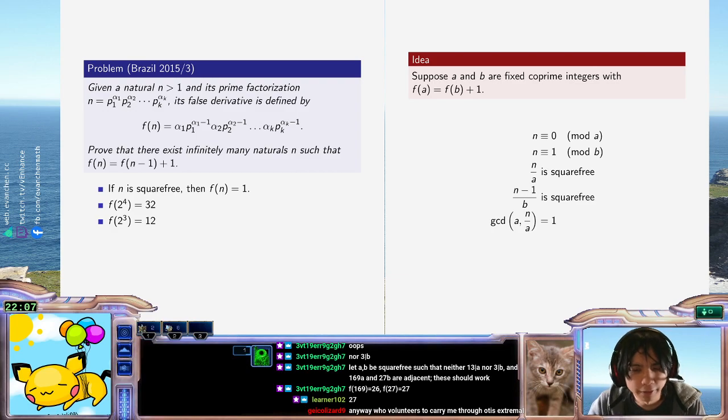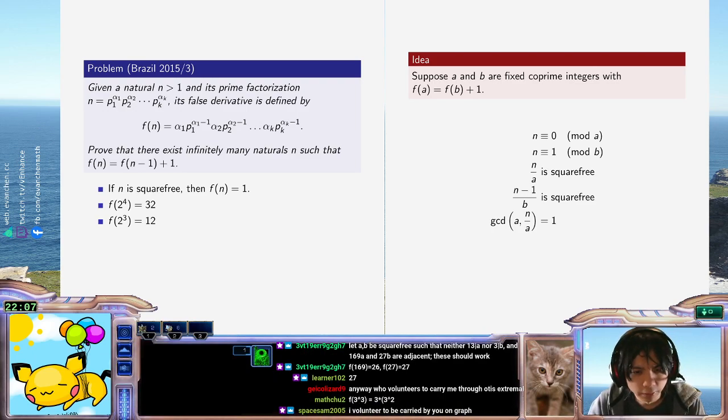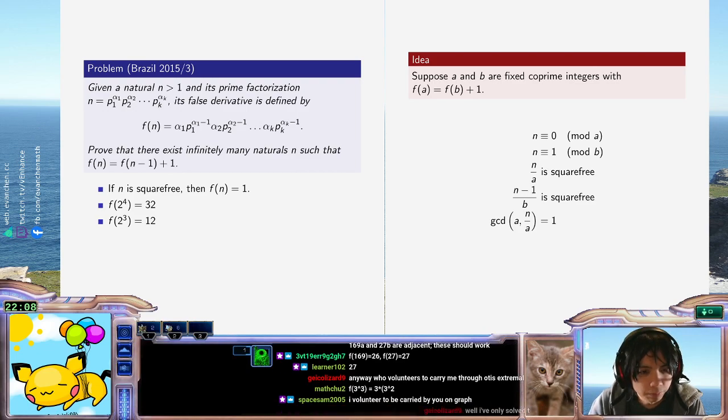Okay, great. So the key integers I want are 13 and 27. Because 13 squared... here, let me just write this. So 27 is... Okay, so this idea I think will probably work out.